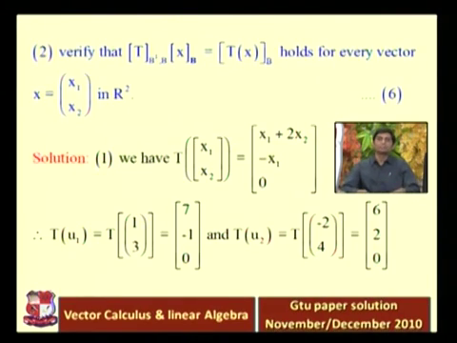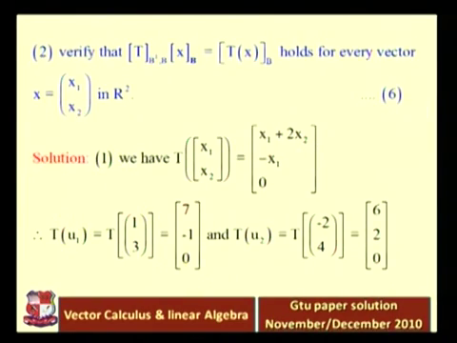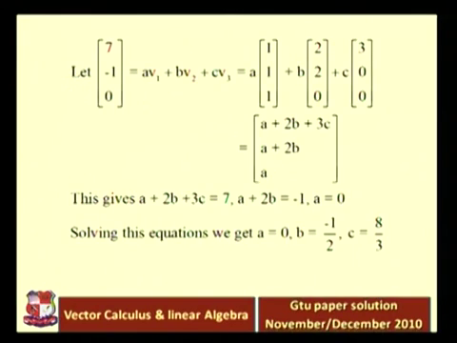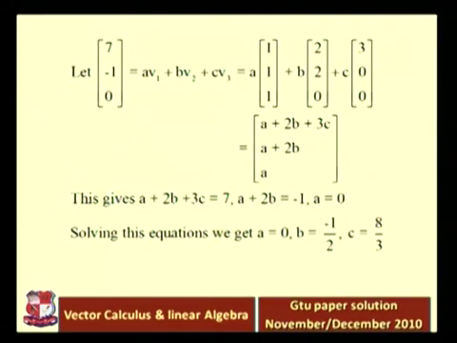Okay. Now just try to understand the question properly. We want to find the matrix T from B dash to B, right? So here is T of u1 and T of u2. Now 7 minus 1, 0, that is T of u1, can be expressed as a linear combination of the basis vectors v1, v2, v3 of B dash.